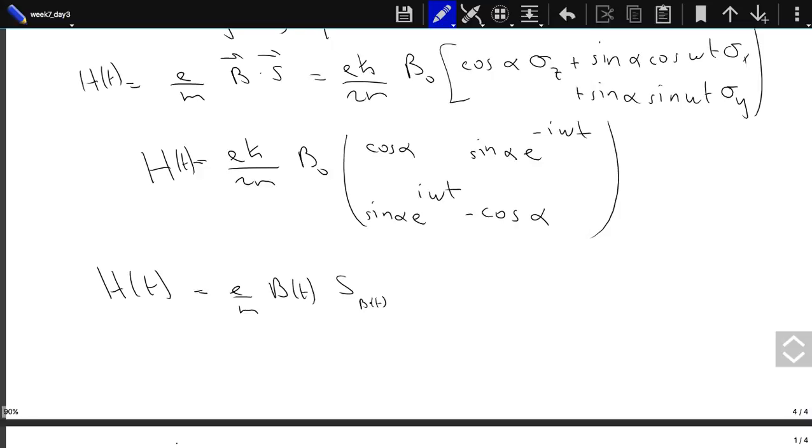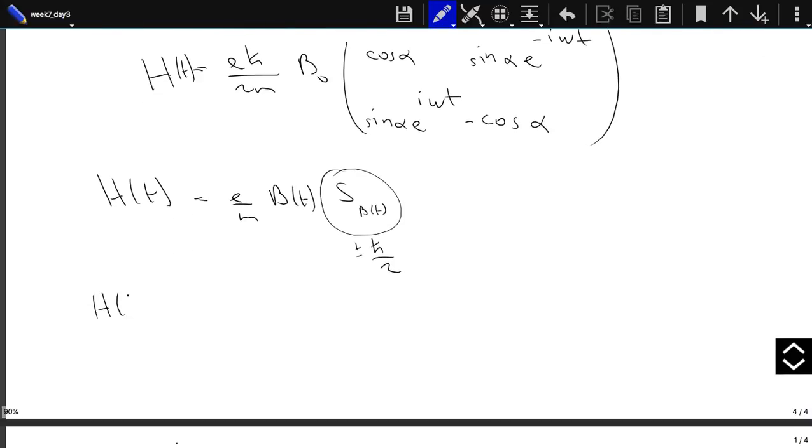So this operator has eigenvalues plus or minus h bar over 2. So I can easily say that at the time t, the eigenstates, let's call them plus or minus, have energies plus or minus h bar e over 2m B of t.